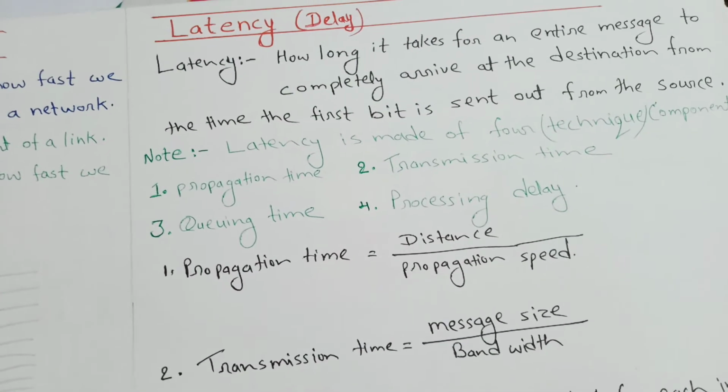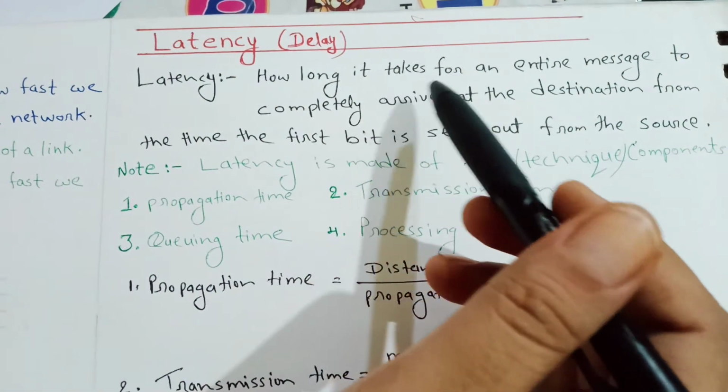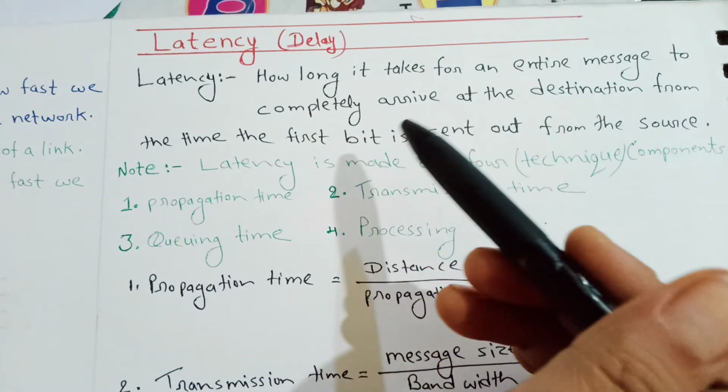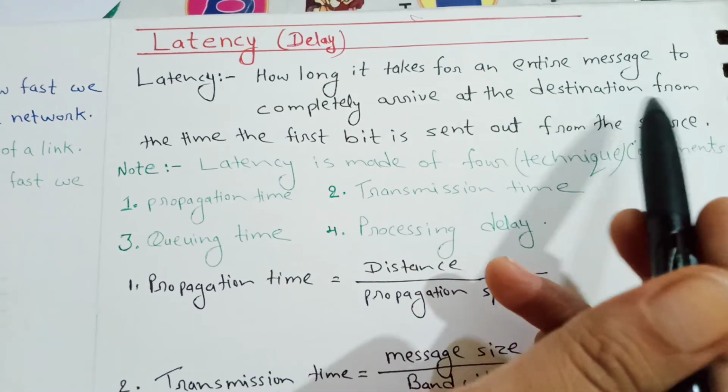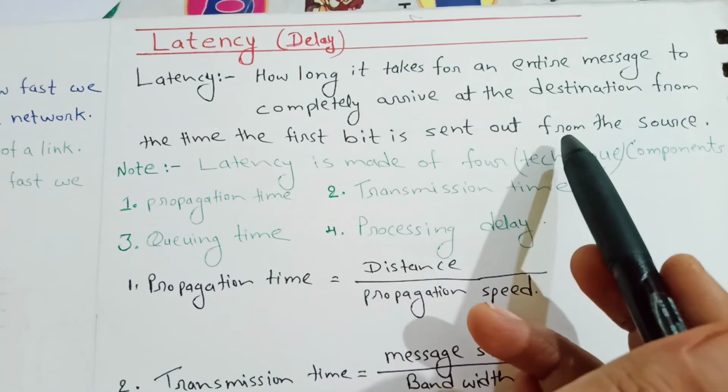What is latency? Latency is how long it takes for an entire message to completely arrive at the destination from the time the first bit is sent out from the source.